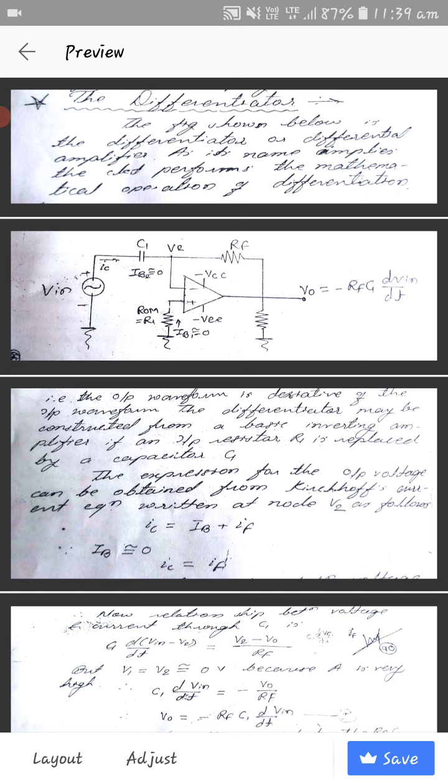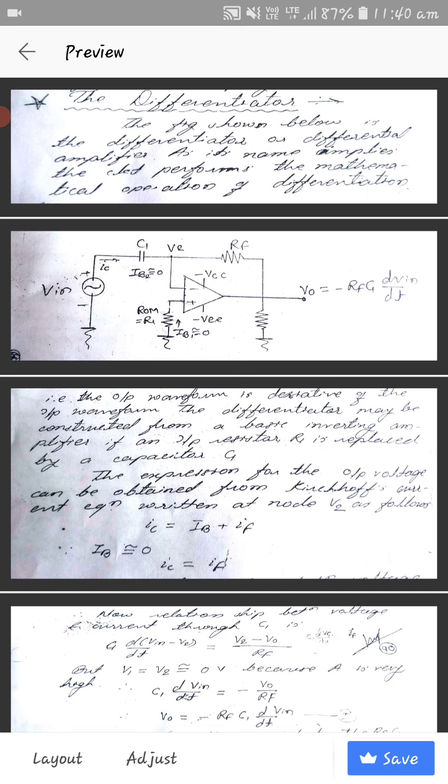The differentiator may be constructed from a basic inverting amplifier, that is, the inverting configuration of an operational amplifier. In it, the input resistor R1 is replaced by the capacitor C1.